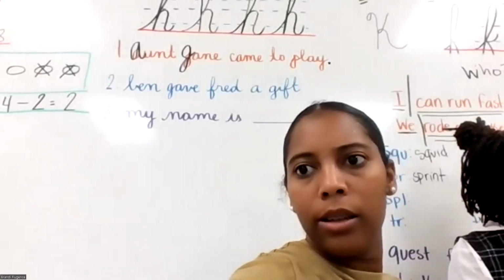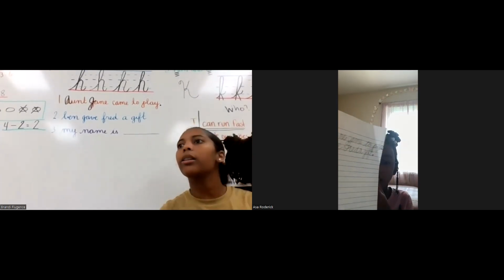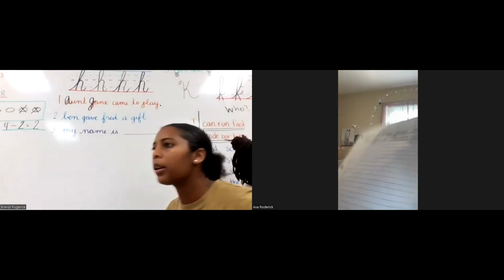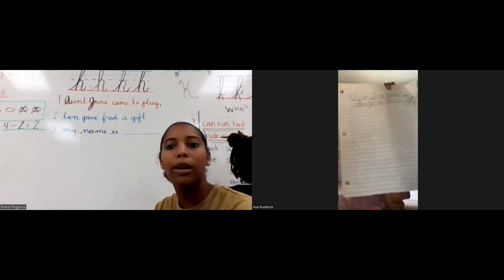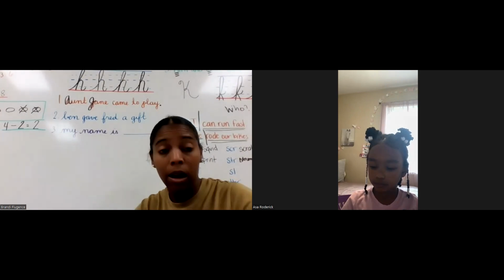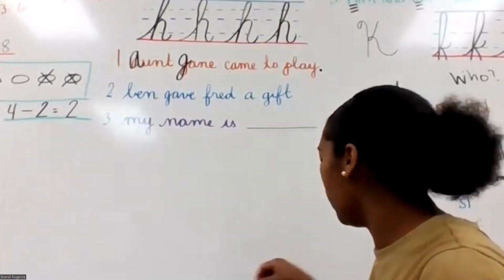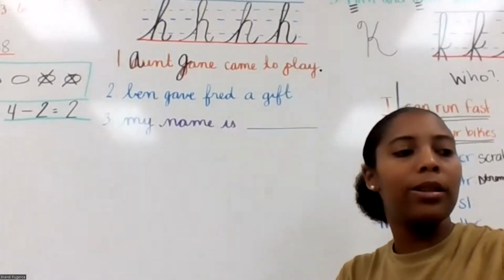Second sentence, Asa. All right, guys, let's see. Okay, looking good. This one looks like we did better. So Ben gave Fred a gift. How do I write this one correctly?